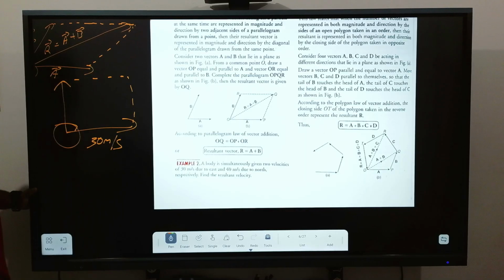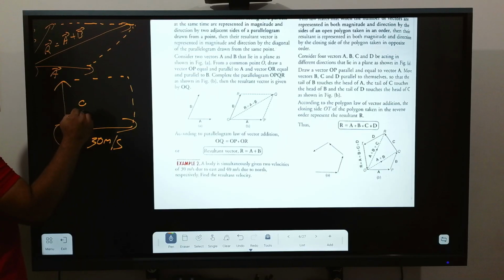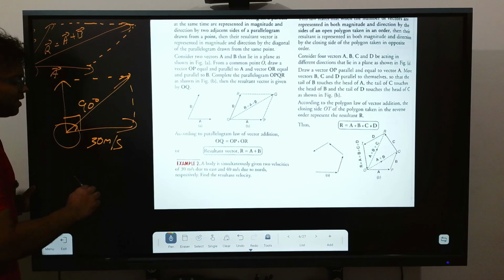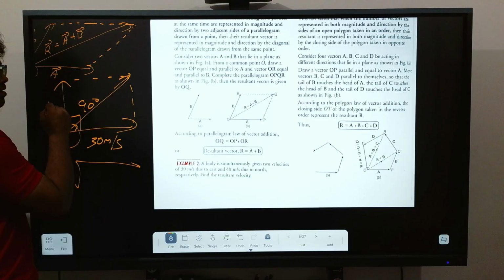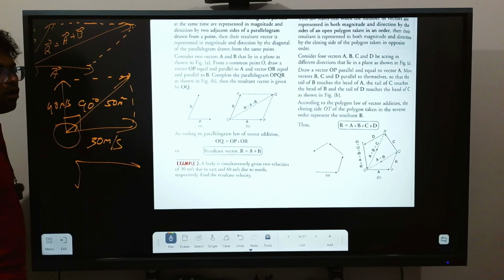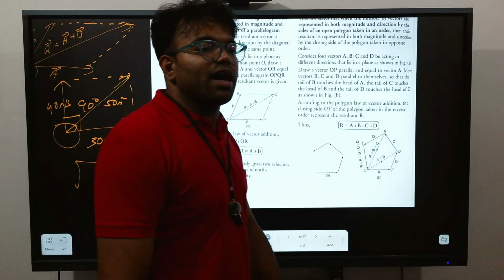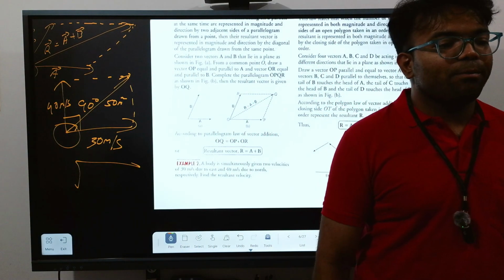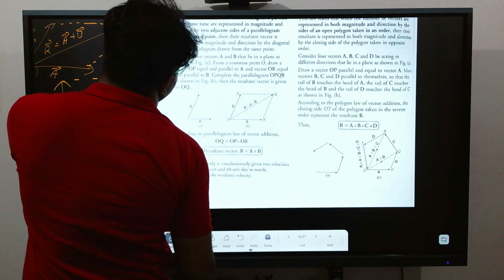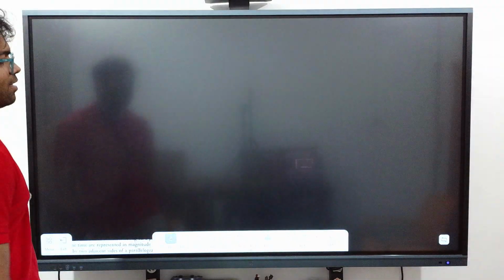Not a parallelogram but a rectangle whose angle between the two sides is how much? 90 degrees, right? Okay, so this is 40, right? He said 40 meters per second. So this becomes 50 meters per second because 30, 40 and 50 are what? They are Pythagorean triplets. Exactly. So this magnitude will become 50 meters per second.